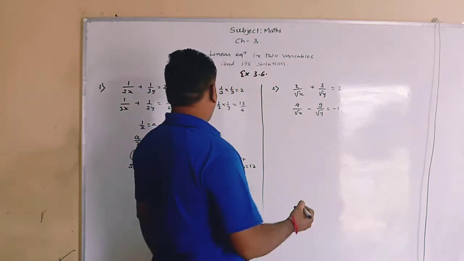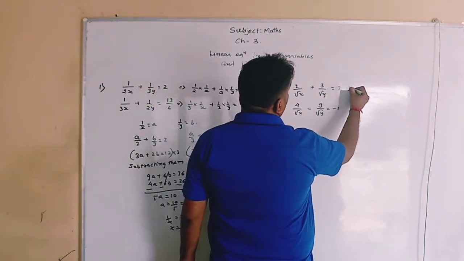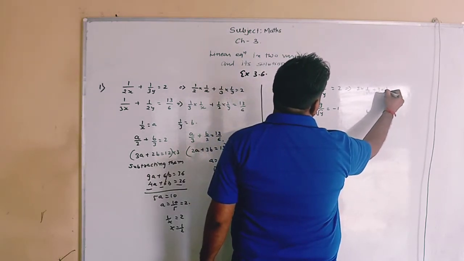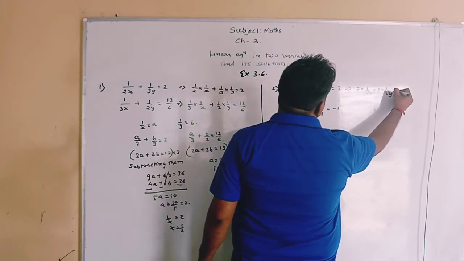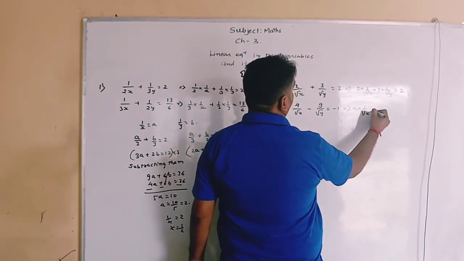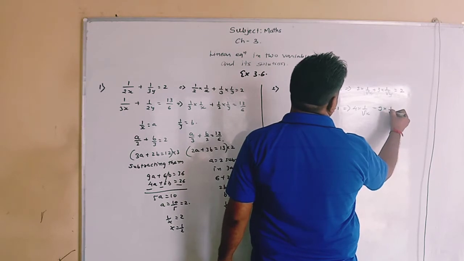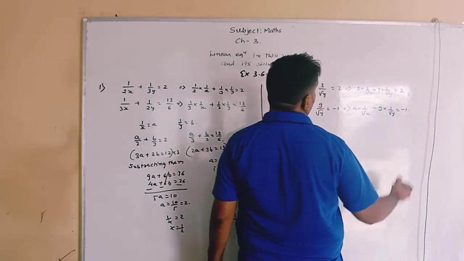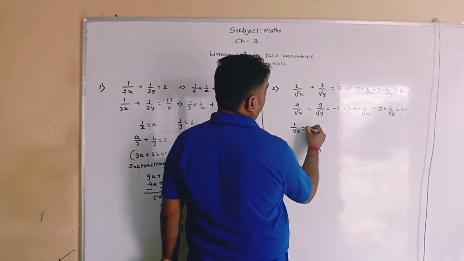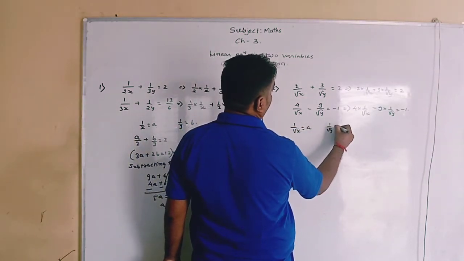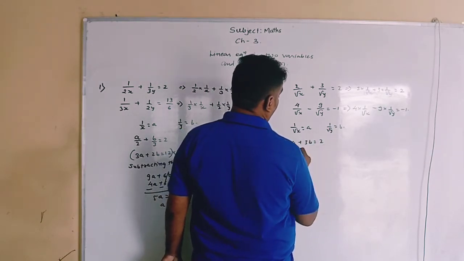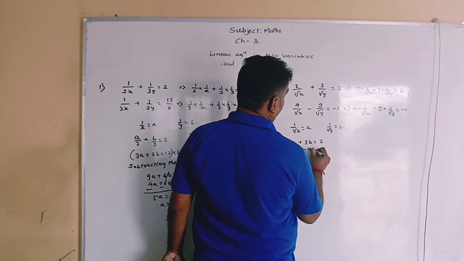So again we can take 2 into 1 by root x plus 3 into 1 by root y equals 2, and here 4 into 1 by root x minus 9 into 1 by root y equals minus 1. So here we can take 1 by root x equals a and 1 by root y equals b. That is 2a plus 3b equals 2 and 4a minus 9b equals minus 1.